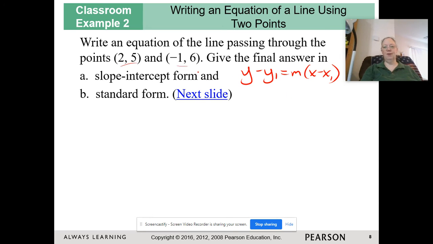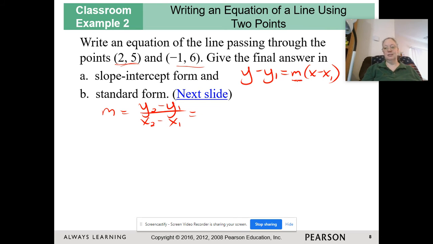We've got a point. As a matter of fact, we've got 2 points. What we don't have is the slope. However, we have enough information to be able to write an equation. We have enough information to be able to find the slope using our slope formula.